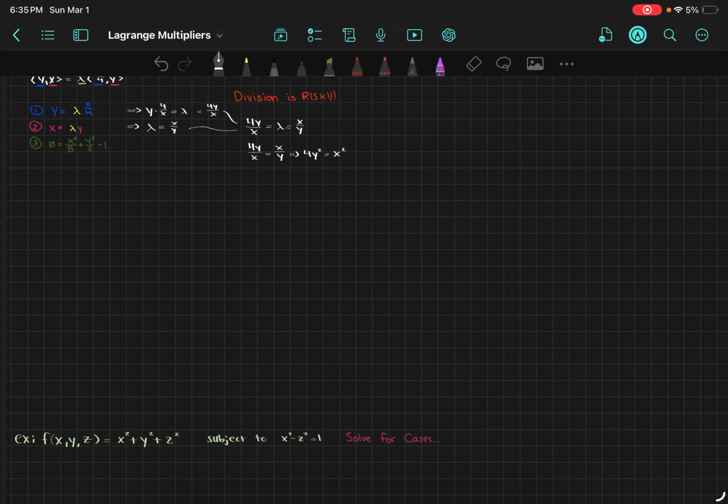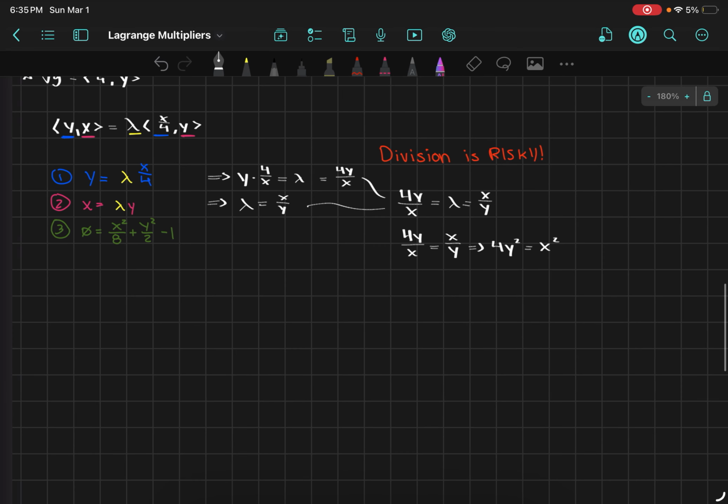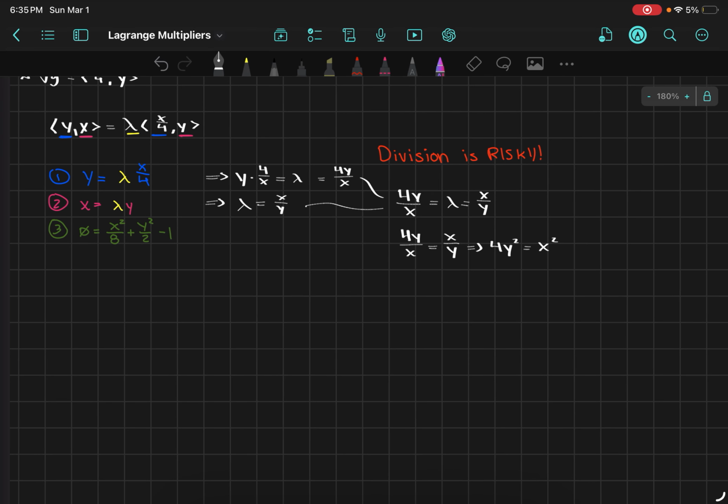What we're going to be doing is solving our system here, and in order to solve our system, we need to find our x and y. In our constraint here, we could easily just plug this into our constraint, right? We solved for the x squared, and we solved for the y squared.